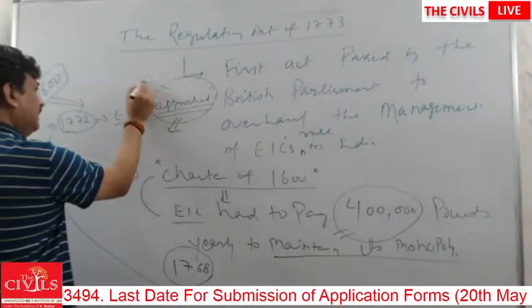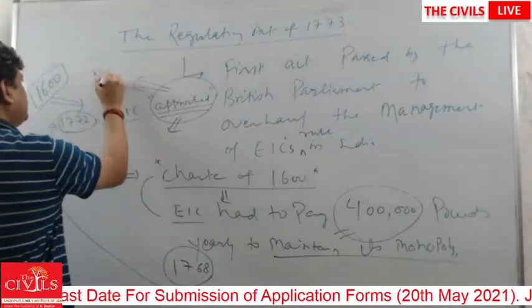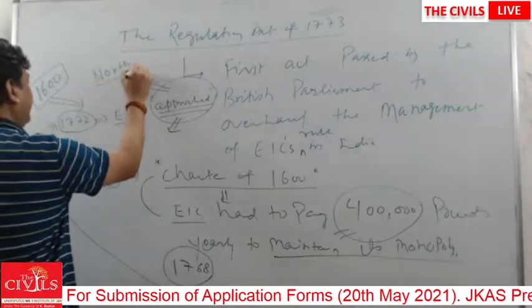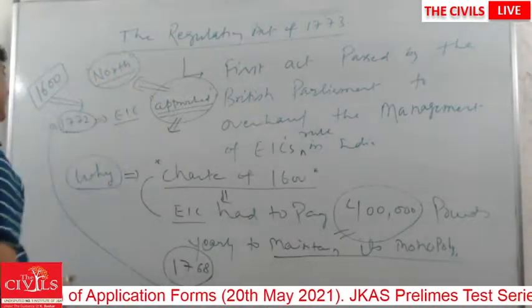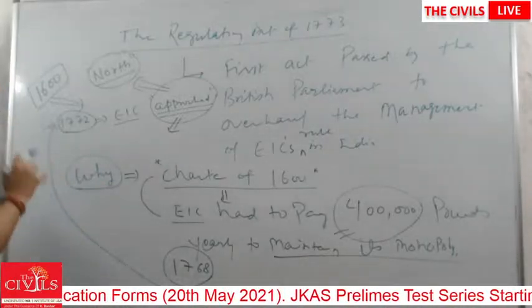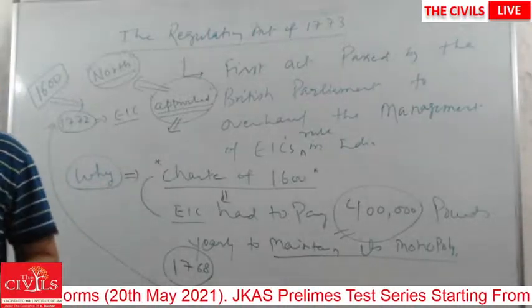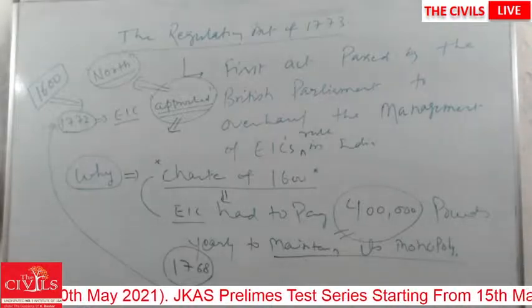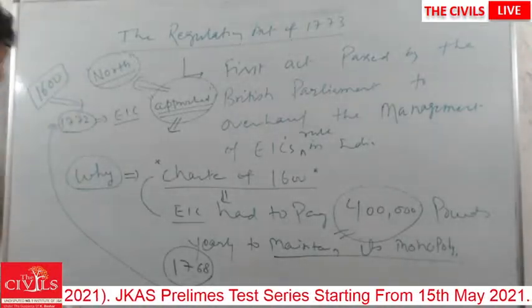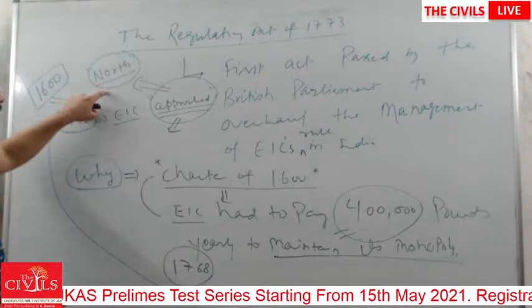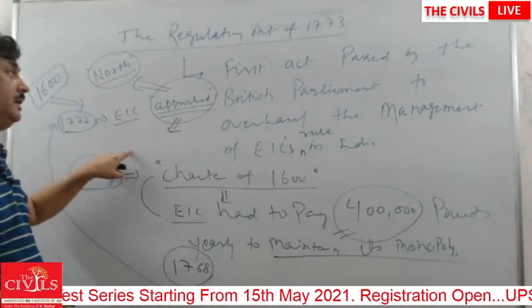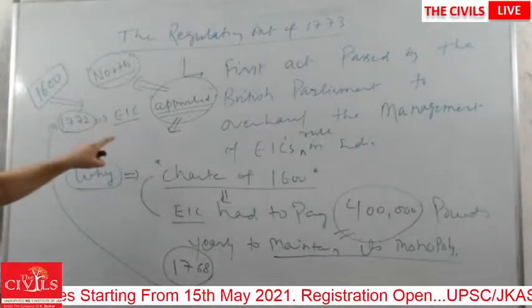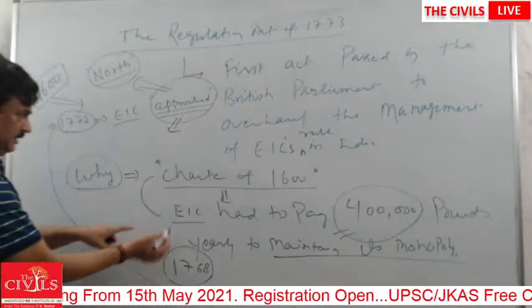At that time North was the Prime Minister of Britain. So the East India Company approached the North government for a loan, and this provided an opportunity for the North government. What happened?